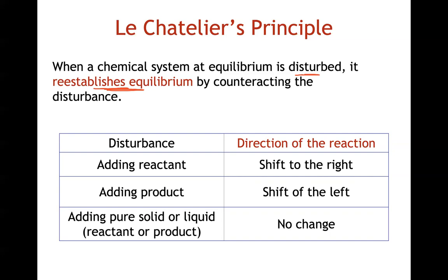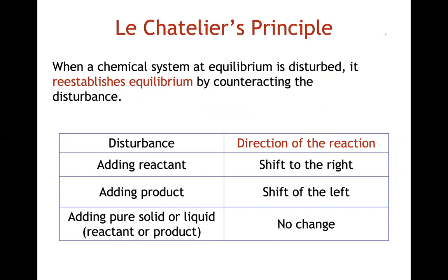So that the reaction will re-establish equilibrium. And by shift, we mean it's either going to proceed at a higher rate towards the forward direction or at a higher rate towards the reverse direction. The idea is so that it can re-establish equilibrium, right?